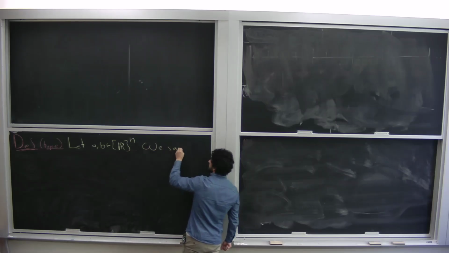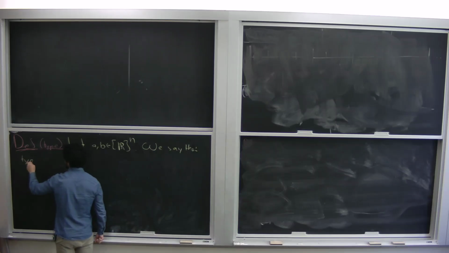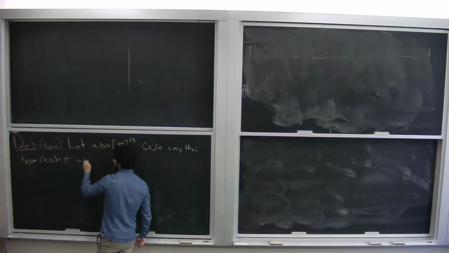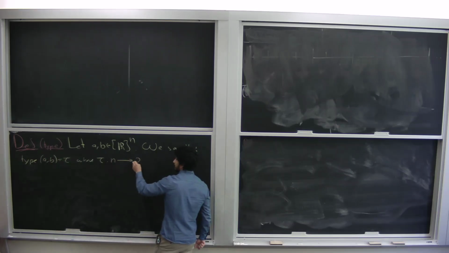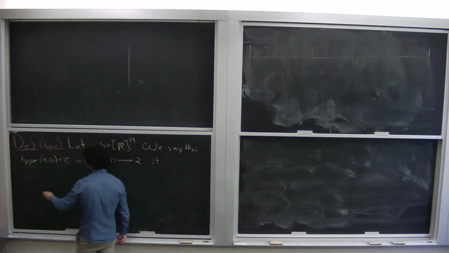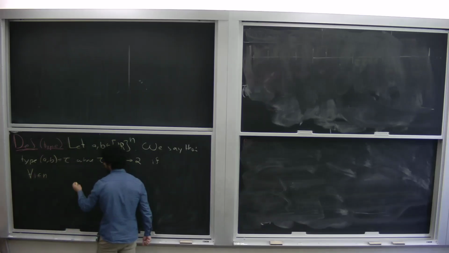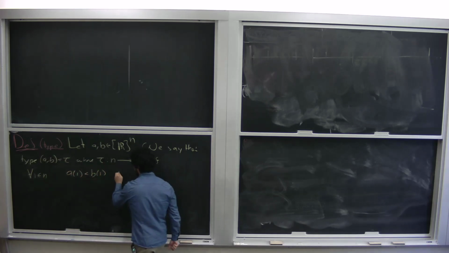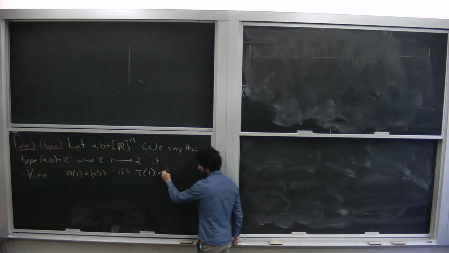We say that the type of A, B is tau, where tau is a function from n into 2, if for any i in n, A_i is less than B_i if and only if tau of i equals 0.